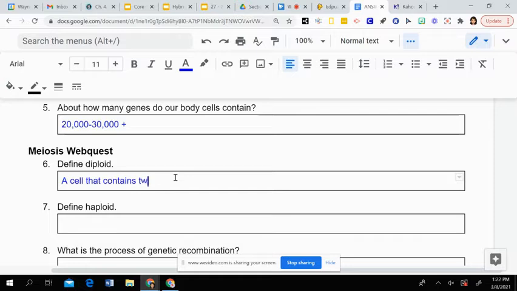Yep, contains 2 copies of each chromosome. So this also means it has a complete amount of DNA per cell. So it has the full amount. Your body cells would be considered diploid cells because they have the full amount of DNA.